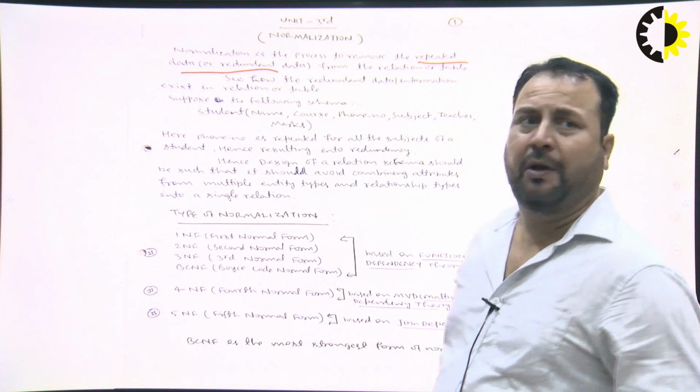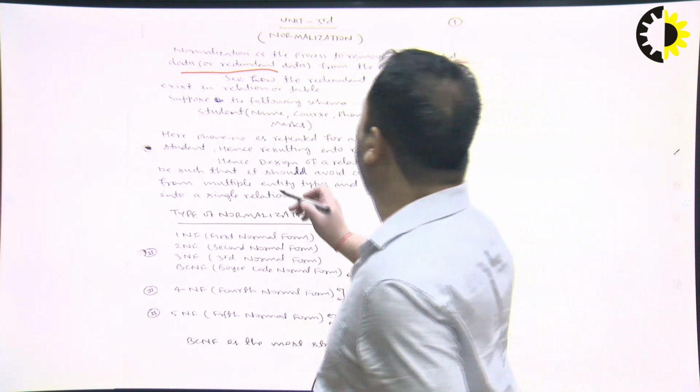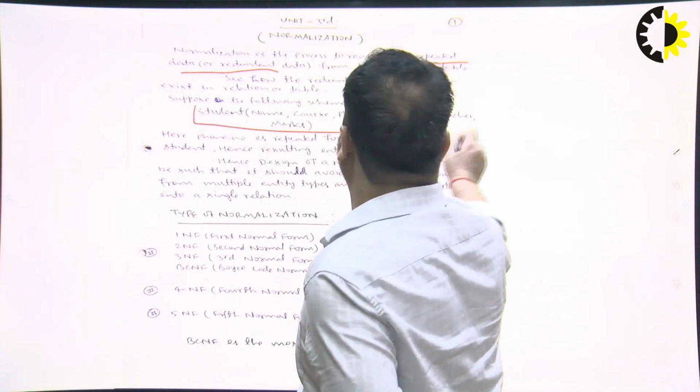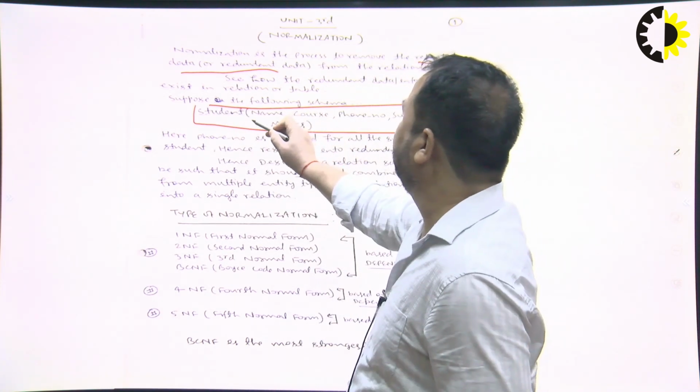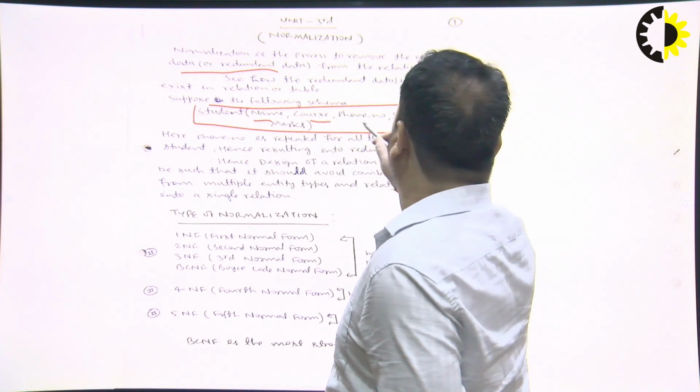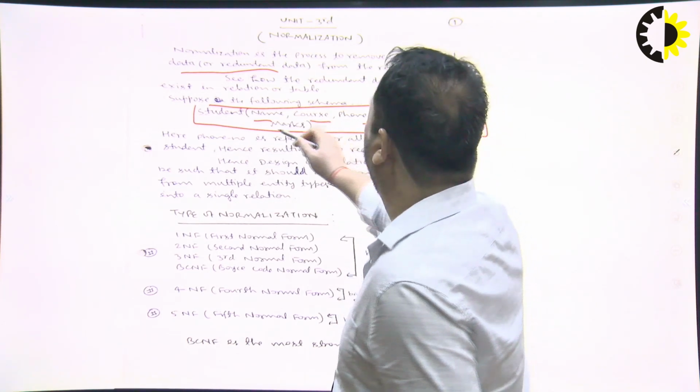For example, say we have a relation student, and the attributes of this student are student name, course, phone number, subject, teacher and marks.